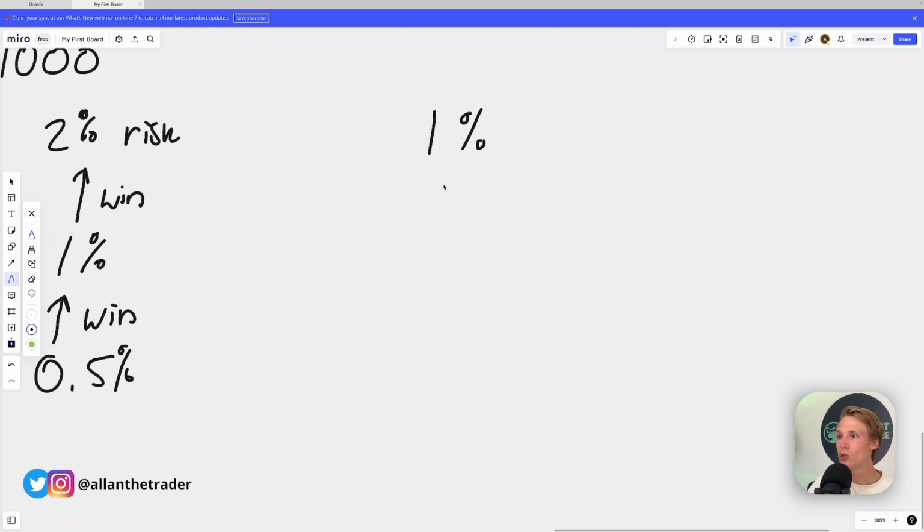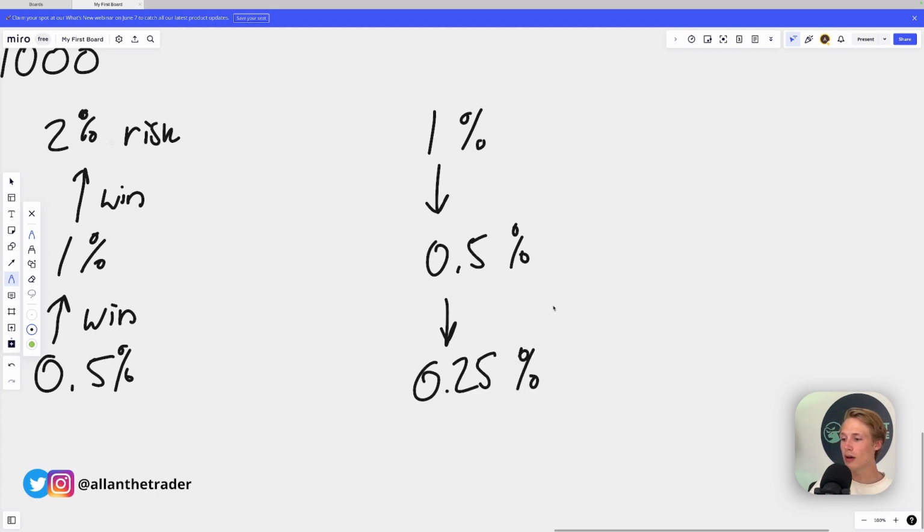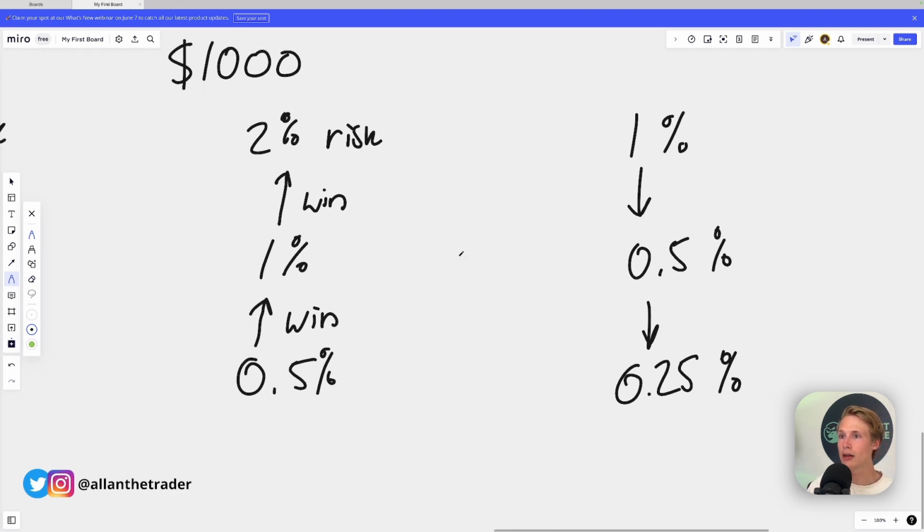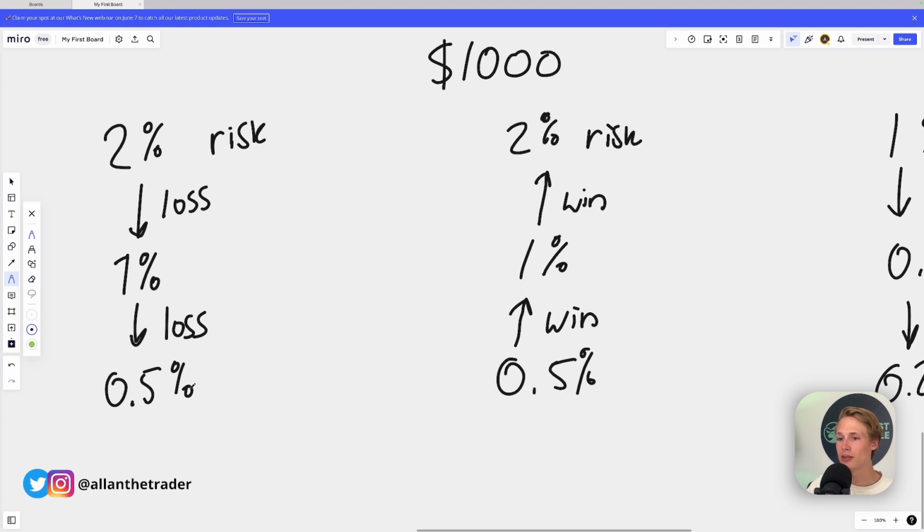So then use 1%, then go down to 0.5% and use the minimum of 0.25%. This is what I've seen working the best on bigger accounts, and on the smaller accounts in the challenges, 2% to 0.5. But try it out for yourself, see what you find that gives you the best results, the most profit and fewer losses. And let me know in the comments.